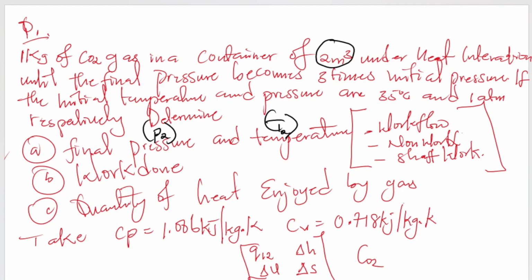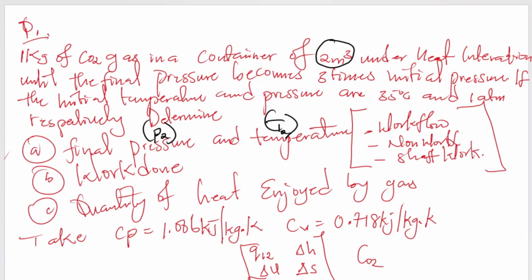When we are considering shaft work, we are considering a system that has a rotating part, such as turbines, or a system composed of a pump, or any rotating part. So when we are considering shaft, we are considering rotation.